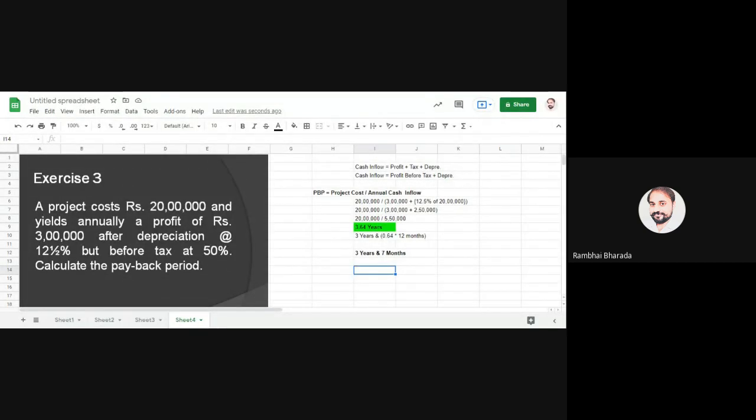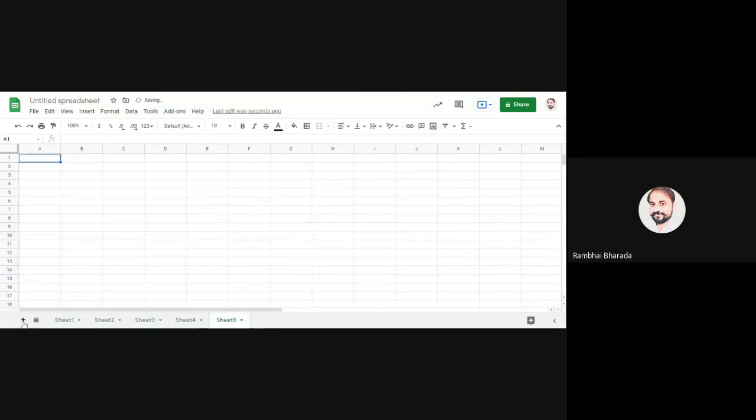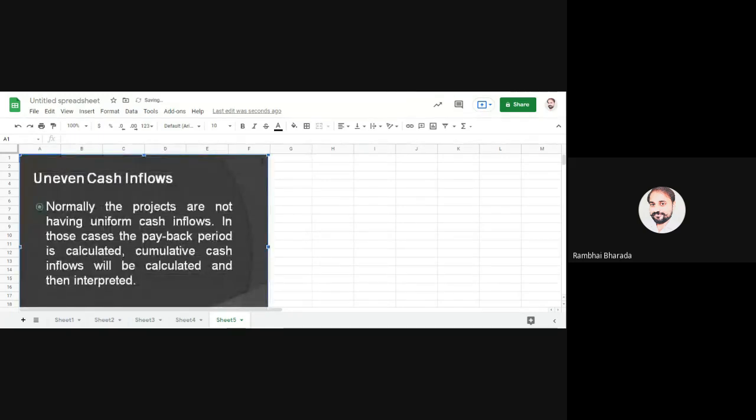No. Okay. So for that we have some different calculations, when the profit is not equal for all the years. In technical language, we call it uneven cash flow, when cash inflow is uneven. कंसेप्ट समझ में आ गया कि जहां पे एवरी ईयर प्रॉफिट इज नॉट सेम, इज नॉट इक्वल, इज नॉट इवन.